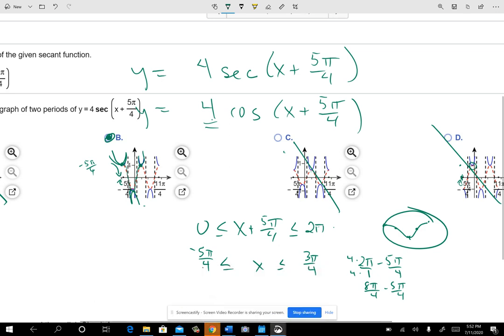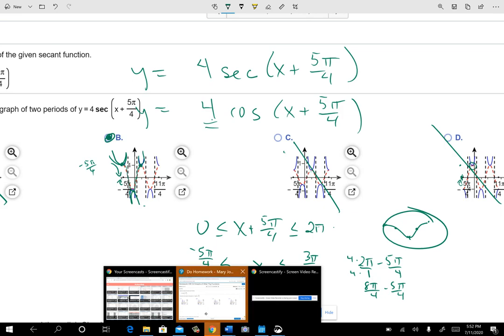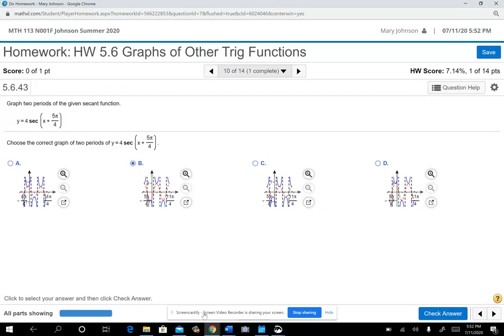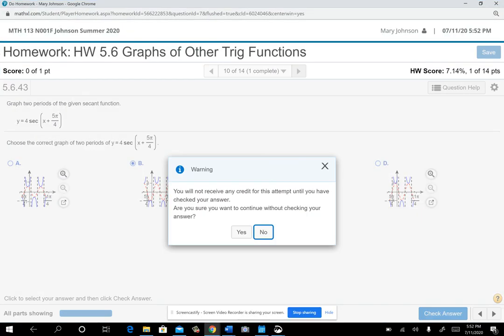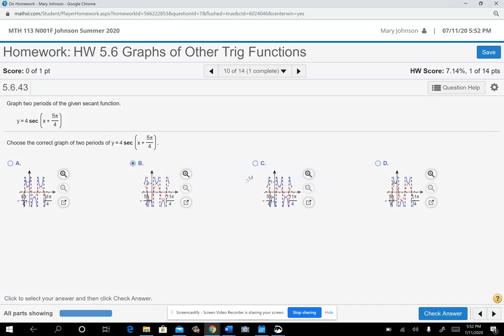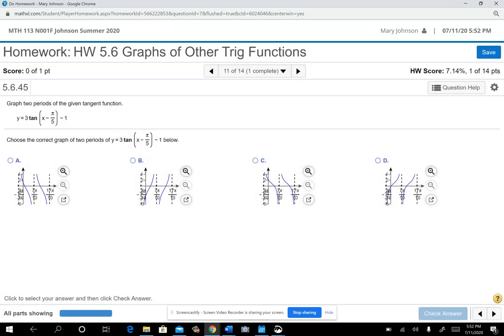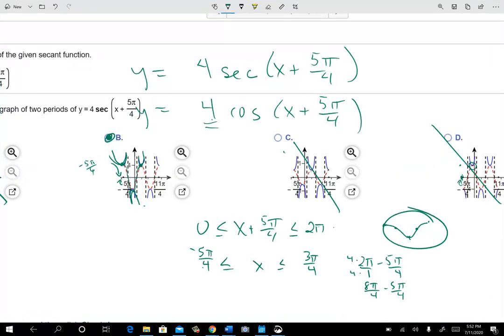Let's look at a tangent graph. Let's look at number 11. So I'm going to go back to the homework. Let's go to 11. Okay, so on that one, I've got 3 for the amplitude, 3 out in front.